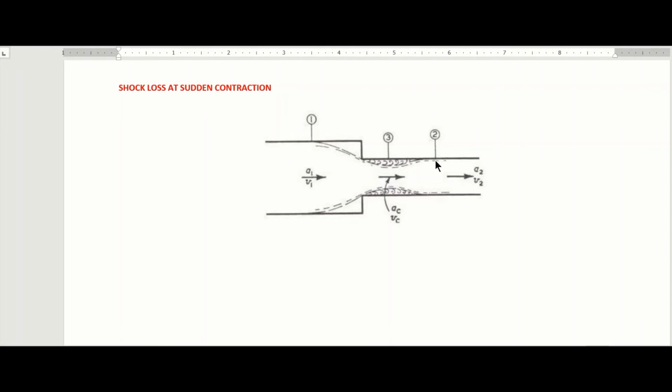In doing this, we consider the principle of continuity, and the formula we use to find the head loss due to sudden contraction is given as HC is equal to (1 over Cc minus 1) squared, times V2 squared over 2g.